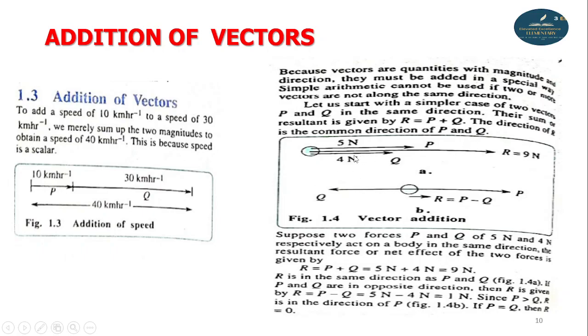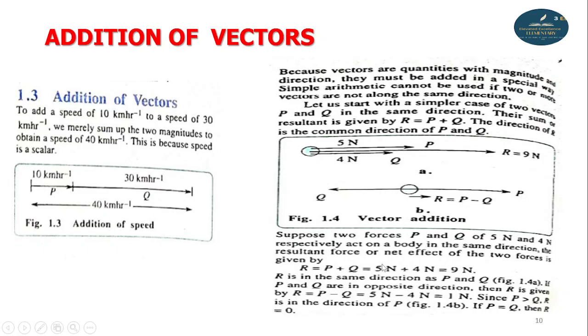Looking at this, 5 newtons and 4 newtons act in the same direction. So the resultant R is equal to 5 plus 4, which is 9 newtons. Suppose two forces P and Q of 5 newtons and 4 newtons respectively act on a body in the same direction.